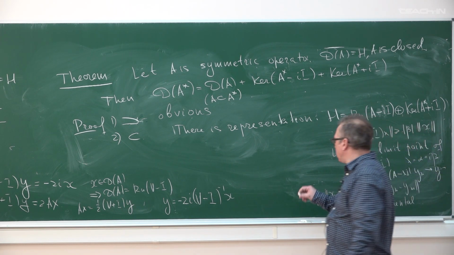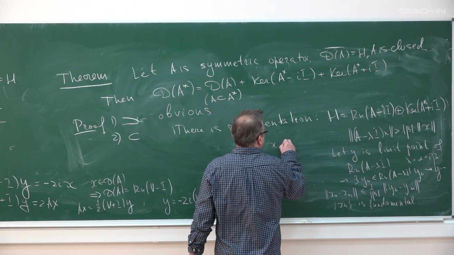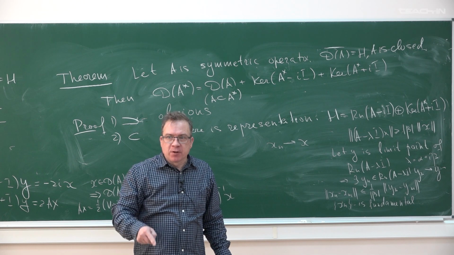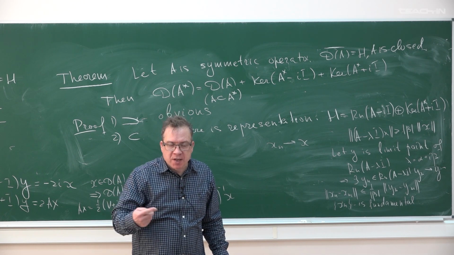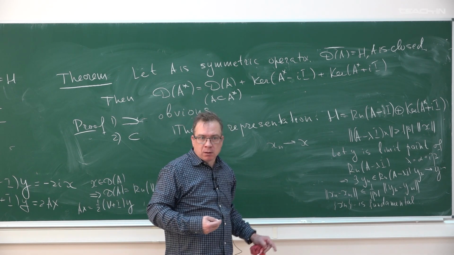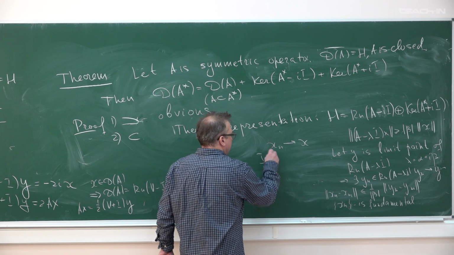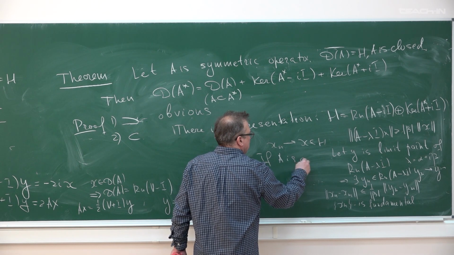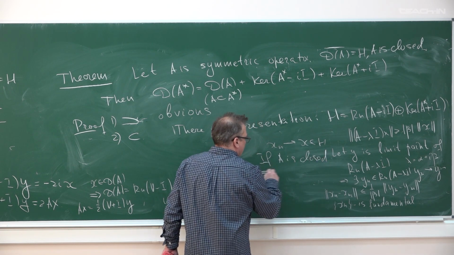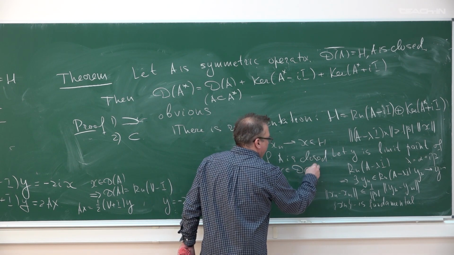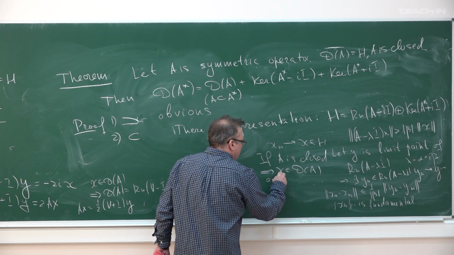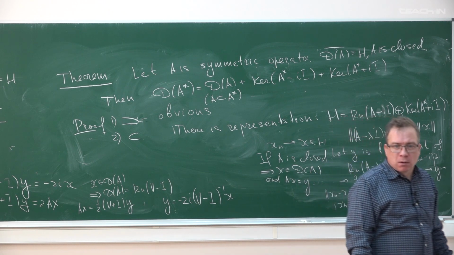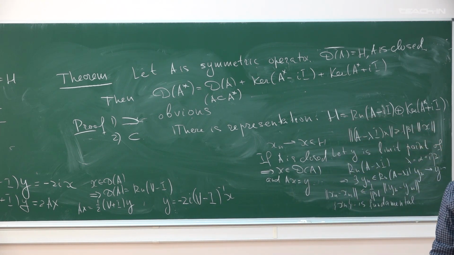So it converges to some element x. And by the definition of a closed operator, what can you say about element x? If A is closed, then x belongs to the domain of operator A and Ax equals y. It is just the definition of a closed operator.